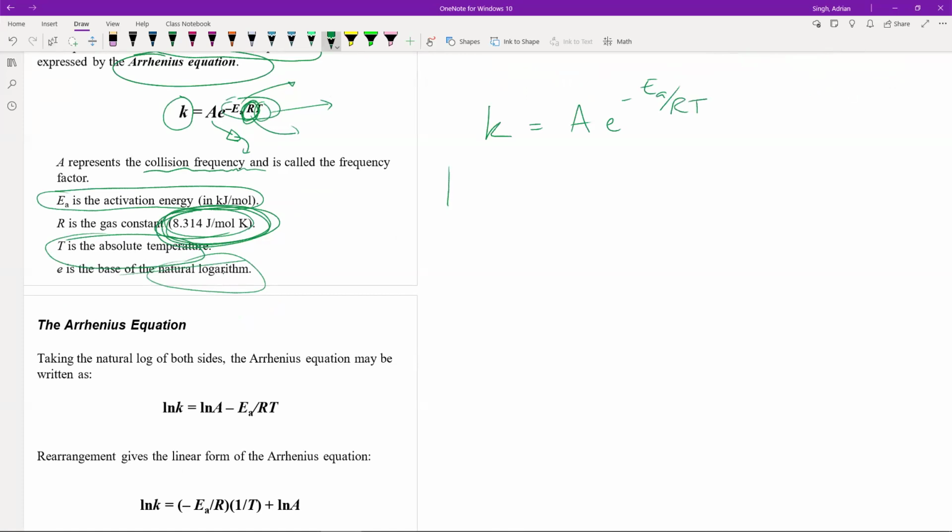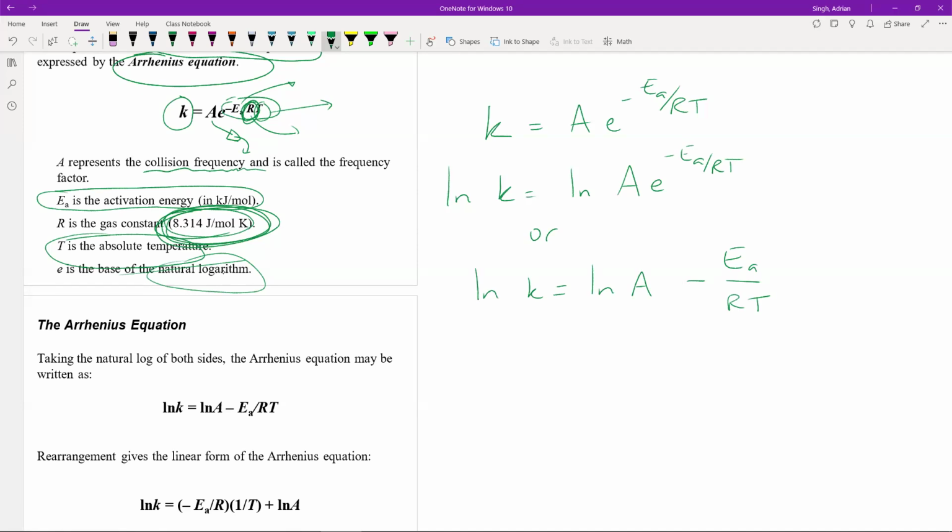If I take the natural log, I have ln k equals ln of A times e to the negative Ea over RT. Rearranging, ln k is equal to ln A minus Ea over RT, right? So all we've done is simplified it. It may not seem simplified, but that's all that we did.